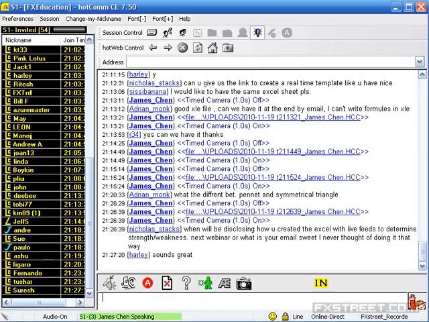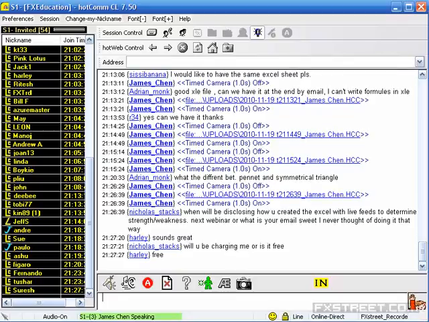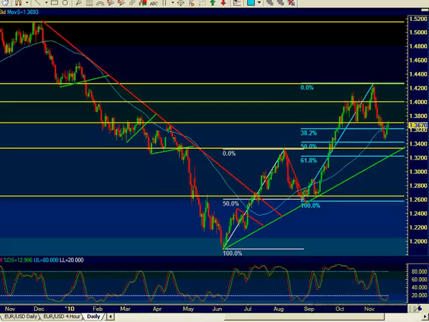But I'm going to plan on doing a webinar specifically about strength and weakness, talking about that Excel sheet and how I use it in my trading. I just thought about it today, so I will plan on doing that. I wouldn't call it a holy grail, and I don't think there is a holy grail, but it's pretty helpful.